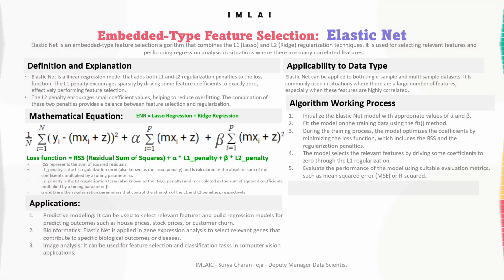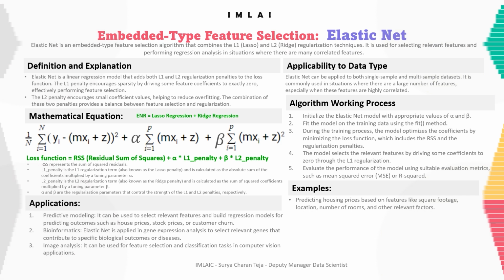Now let's look into some of the real life activities that we can handle using elastic net. The first one is, as usual, the same real life example, which is predicting house prices based on features like square footage, location, number of rooms, and other relevant factors. Then the second example is identifying important genes or biomarkers for predicting the progression of a disease based on gene expression data.